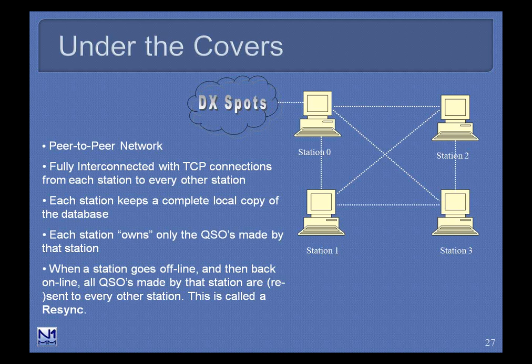And what I mean by owns is that that station is the only trusted source for QSO information. So if, for instance, station 1 makes a contact, it is the only trusted source for QSOs made by station 1. And if station 2 wants to know about QSOs made by station 1, it asks station 1 as the trusted source.